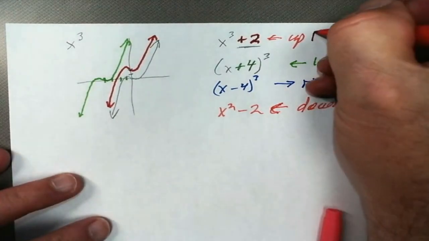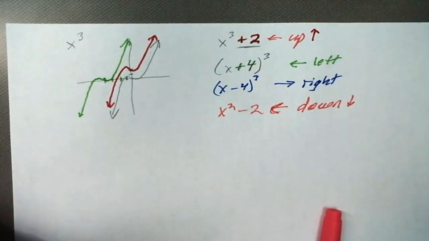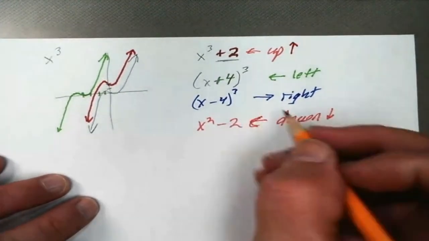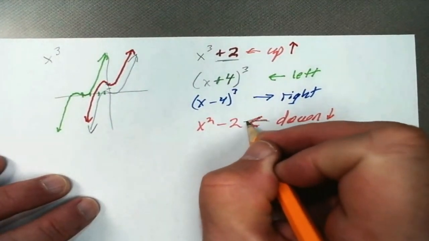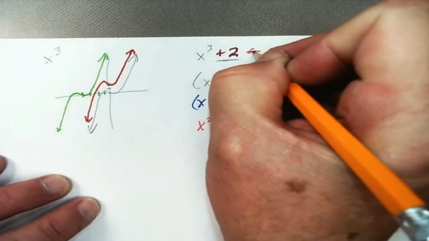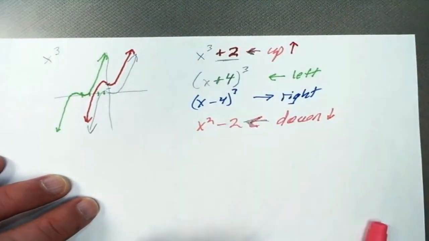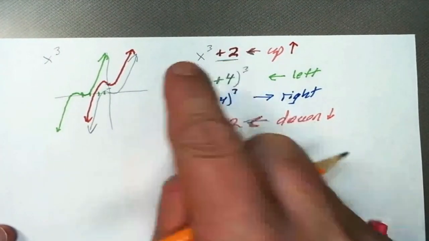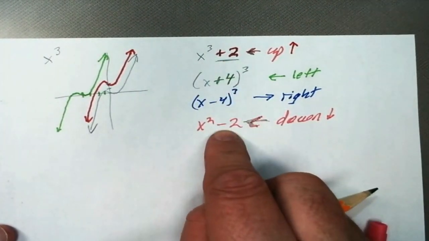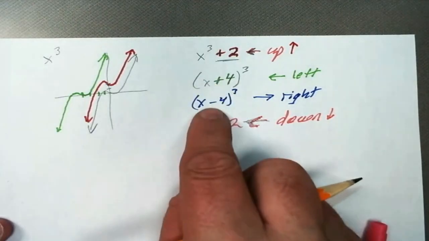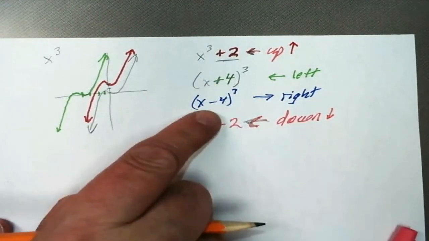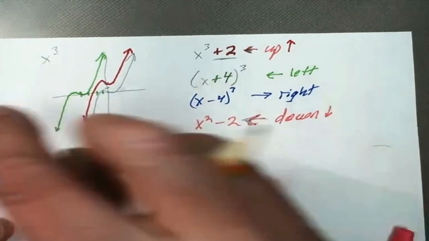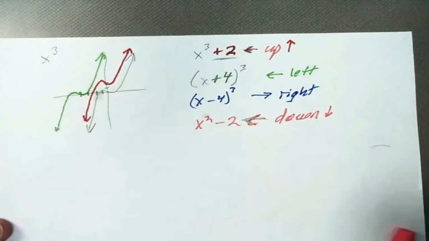This one goes up and down. I don't really want that to represent the color. So if we want the graphs to go up, we put a plus 2 in it. If we want to go down, do a minus 2, goes down 2. Left and right is the opposite. Minus actually sends it to the right, to the positive x's. Plus 4 sends it over to the negative x's like this.